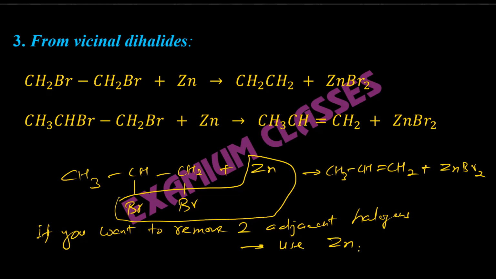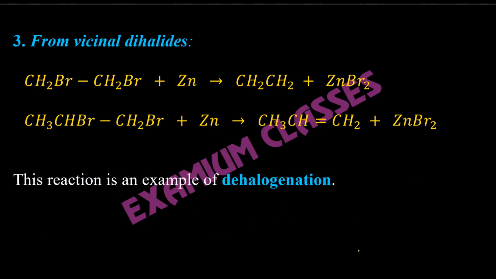So when we do conversions, you should be able to recall this. Two carbons are there on adjacent positions, zinc, zinc, zinc. The reaction is dehalogenation. Why? Because we are removing the halogens. So that's why D means removal of halogens. So dehalogenation.